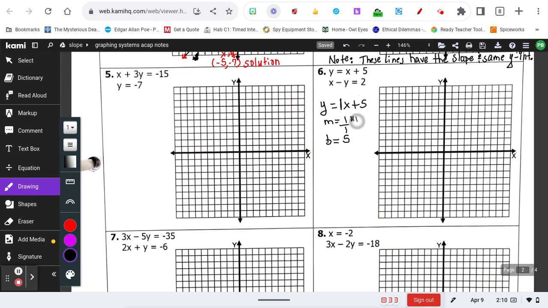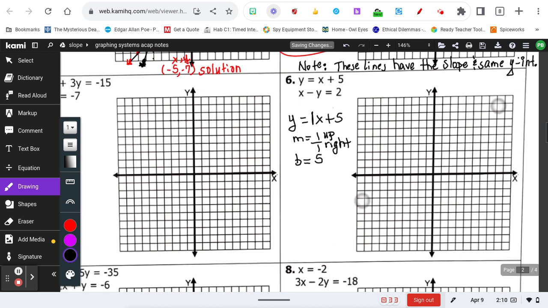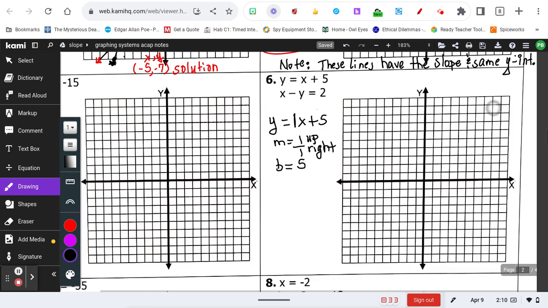So we're going to go up 1 and right 1. Up 1 for a rise and right 1 for a run. So let's begin at 5. 1, 2, 3, 4, and 5. Let's go up 1 and right 1. Or you could go back to your begin point of 5, your y-intercept.